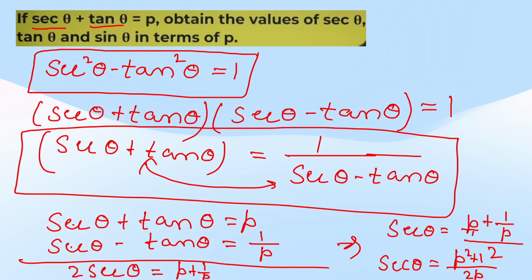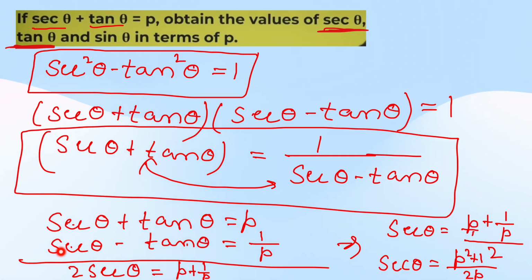So the value of sec theta will be p square plus 1 by 2p. This is clear? Now in order to find tan theta, we can just subtract these two equations. If we subtract them, what will we get?